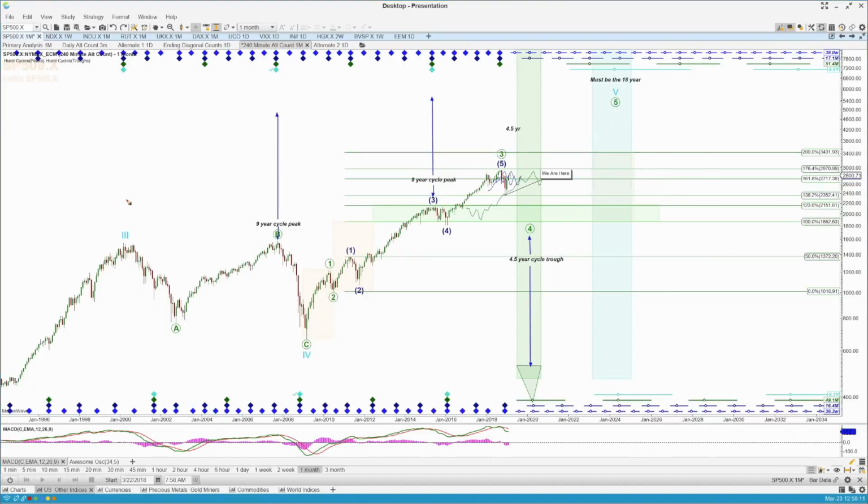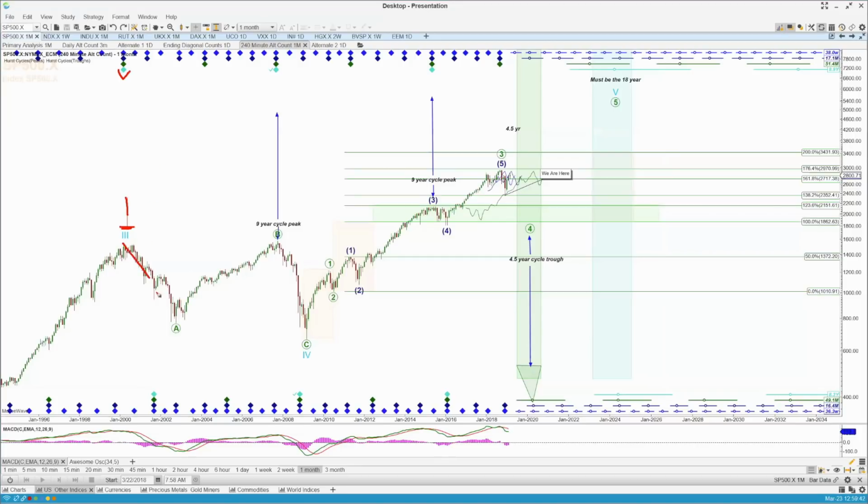Where are we? If I go all the way back to here, which is the 2000 peak, I have that labeled as a cycle degree wave 3, Elliott wave wise. So very, very significant top. And from a Hurst perspective, it was a 9-year cycle peak.